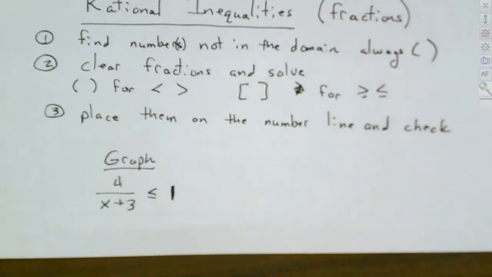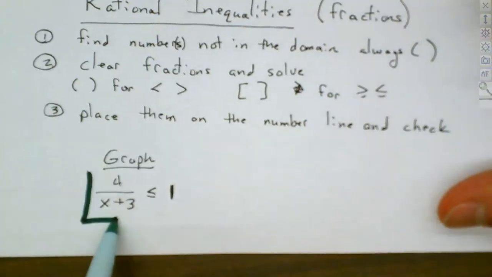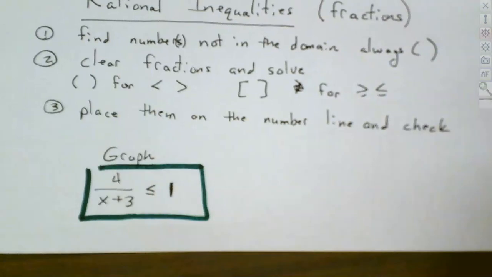Okay, so first off, it's an inequality, so I know that I have to eventually graph it. So I'm going to put a box around it, and the only reason why I put a box around it is so I can keep track of it. It's easy to lose things, so I like to put a box around it. That way I know where it's at.